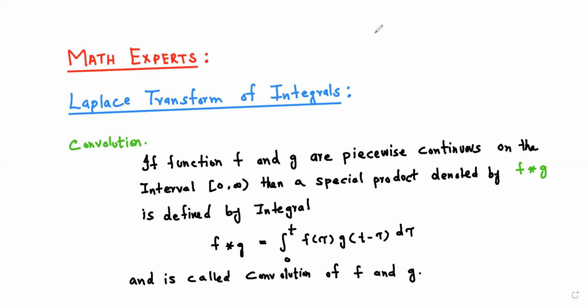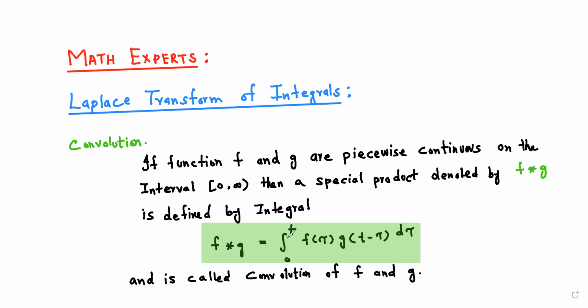So students, here you can see that we have defined the convolution of two functions. For example, I have two functions, one is f and the second one is g. When I define the convolution on this interval 0 to infinity, the special product is defined in this form. This is basically the definition of convolution of two piecewise continuous functions f and g.